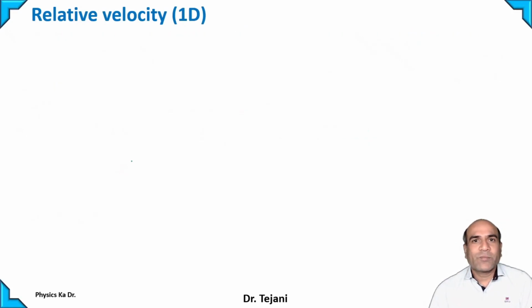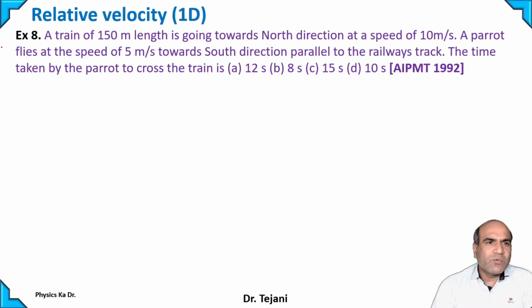Let's have one more question, example number 8. Why don't you pause the video and solve this question by yourself? A train of 150 meter length. Here a train is given.